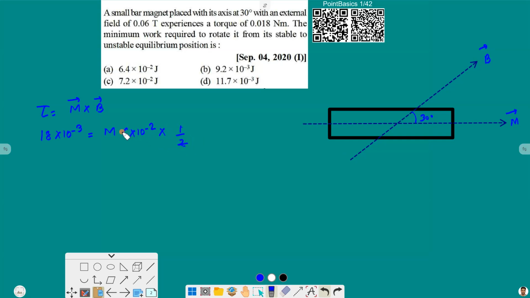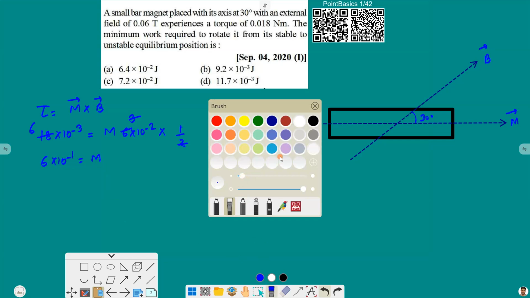So this will give us 3 and this will give us 6 here. So 6 divided by 6 into 10 raised to power minus 3 divided by 10 raised to power minus 2, or it will be 6 into 10 raised to power minus 1 is equal to M. That's the value of the magnetic dipole moment.